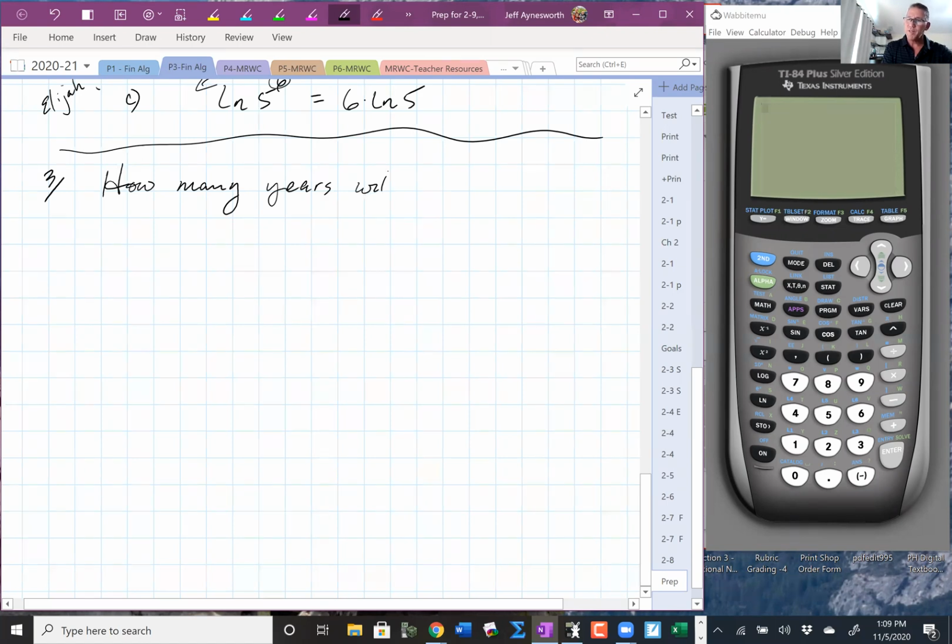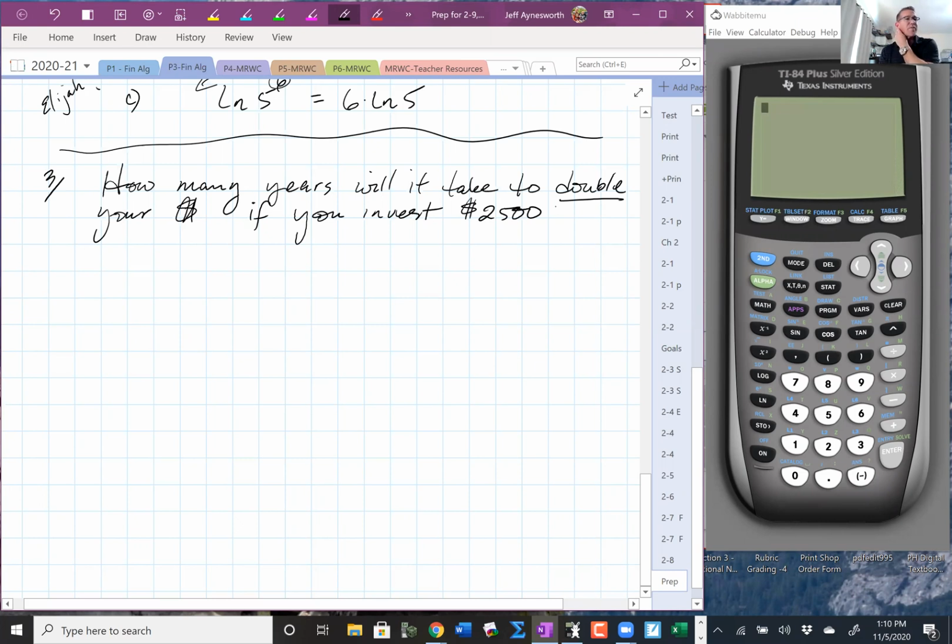How many years will it take to double your money if you invest $2,500 at 2.5% compounded annually?